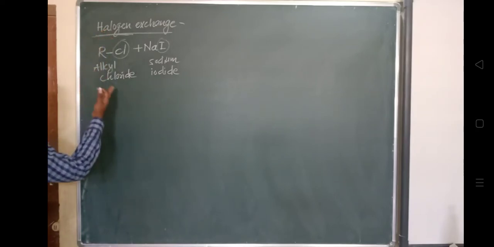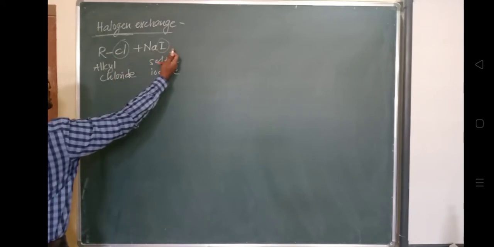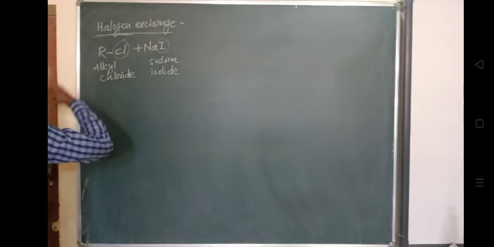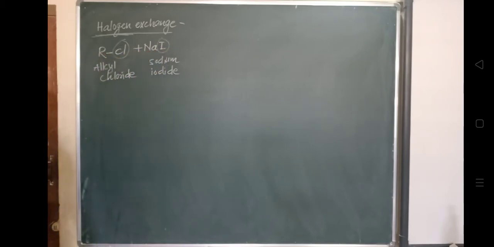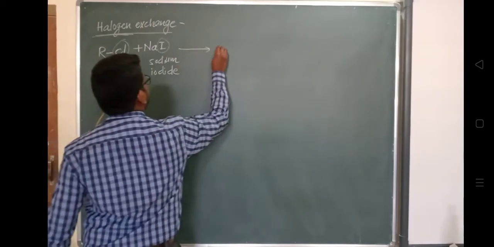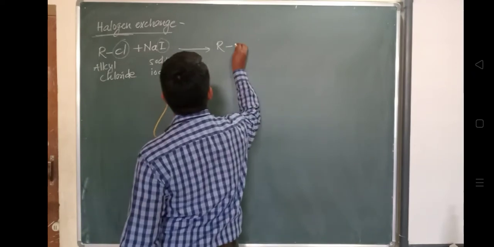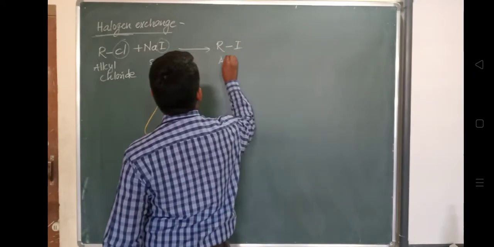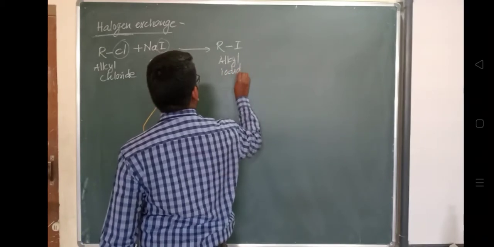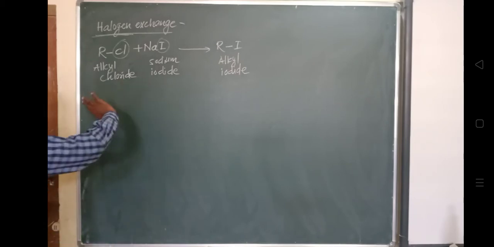Halogen exchange in alkyl halides happens in this way. The iodine atom is replacing the chlorine atom, so instead of alkyl chloride we will get alkyl iodide. This happens in presence of acetone solution, which is required here for the halogen exchange.